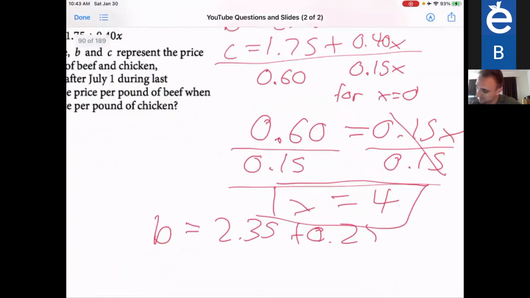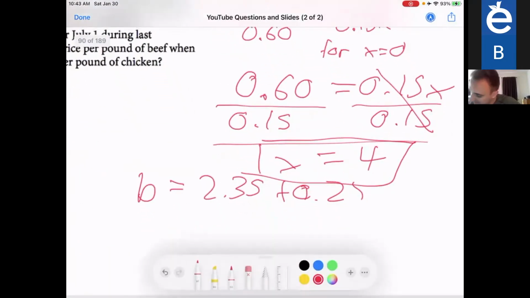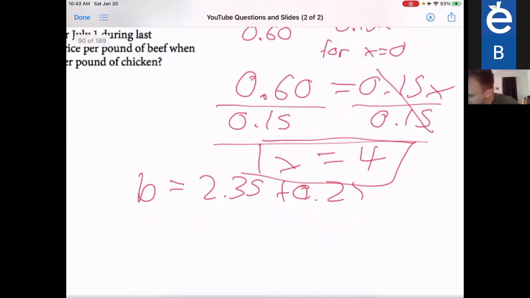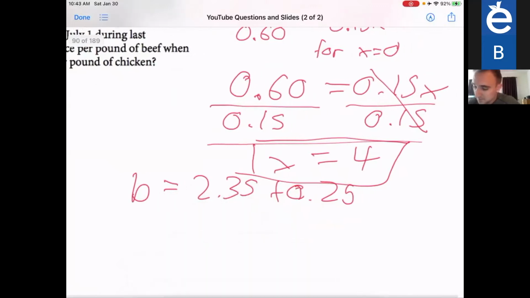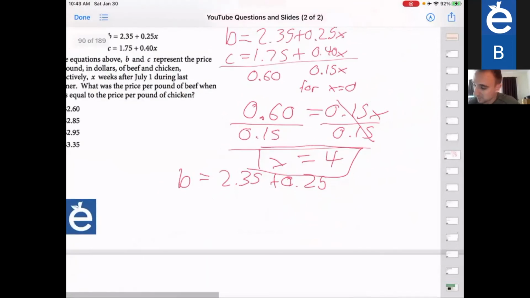Here, 0.25x, we're going to plug in 4 for x.